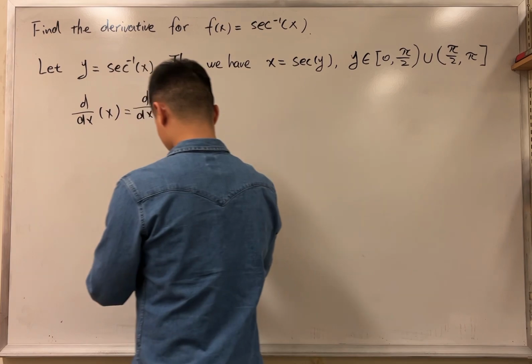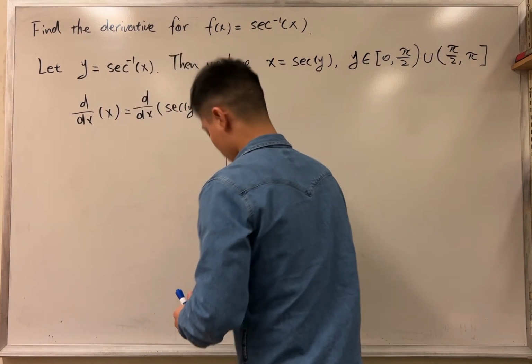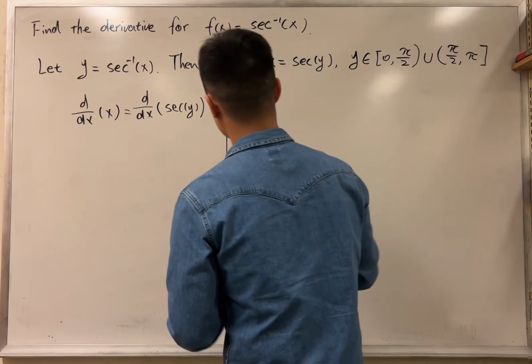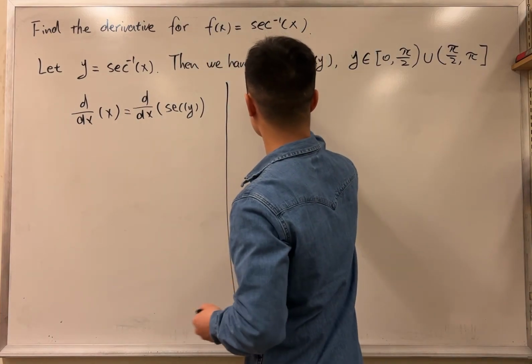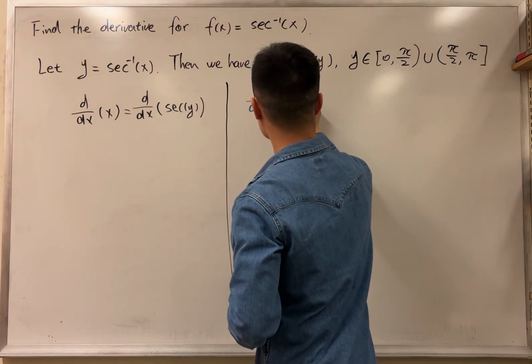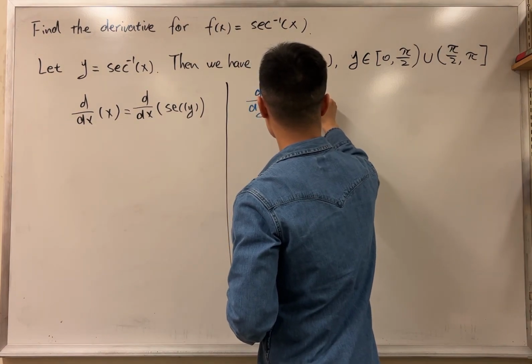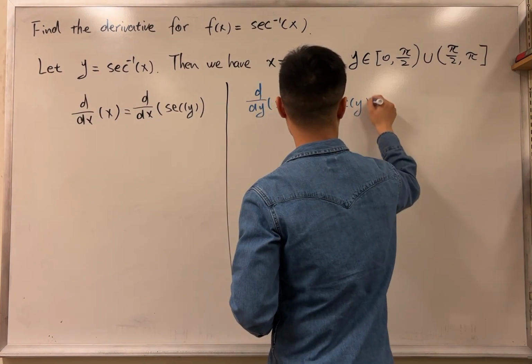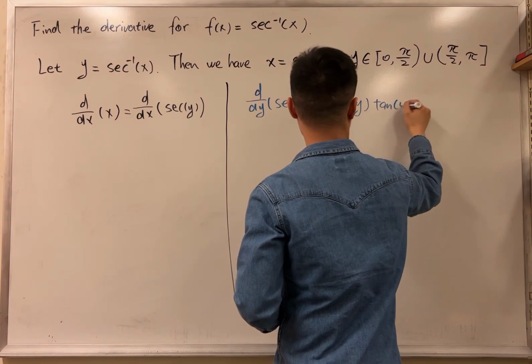This will require some chain rule and also the formula for the derivative of this. So I'm going to write it here to avoid some confusion. d over dy of secant of y is going to be secant of y multiplied with tangent of y.